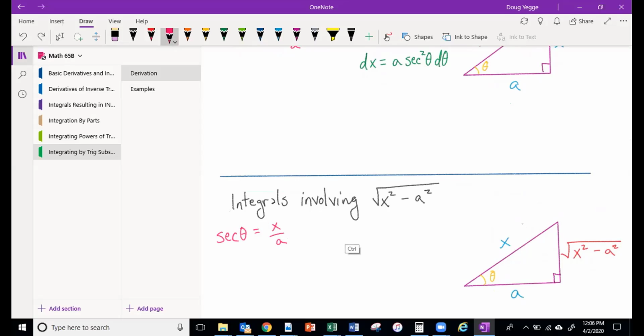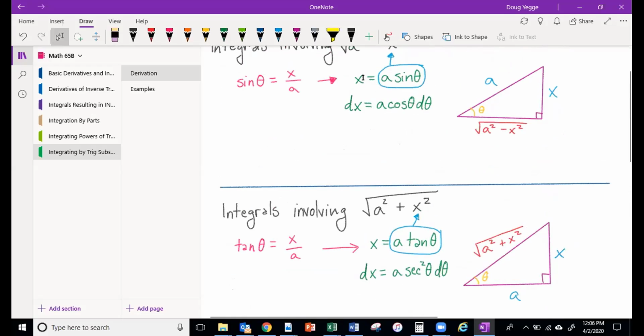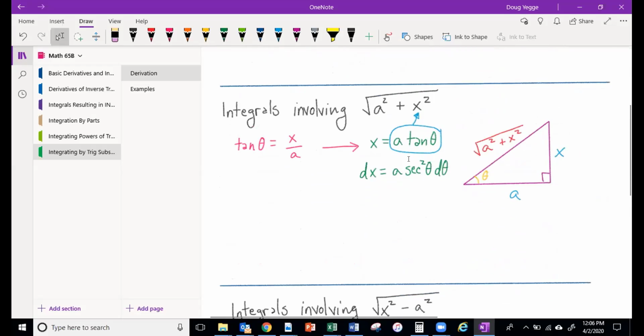All right. Well, if that's the case, then by multiplying both sides by a, we now get a new substitution that x could be equal to a secant theta. And just like we did up here, if x was equal to a sine theta, we plugged that in for x. If we let x equal a tangent theta, we plugged that into x.